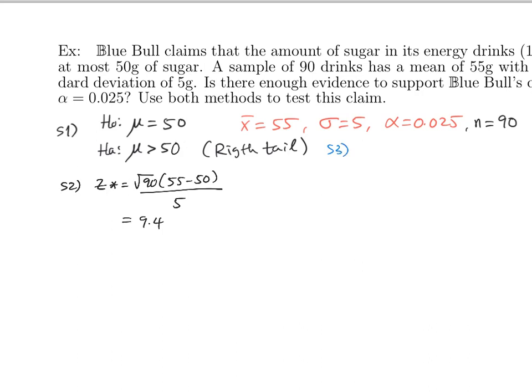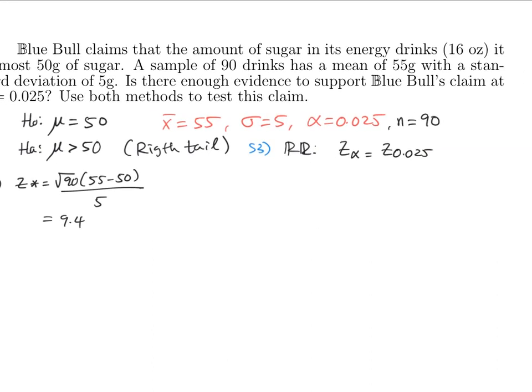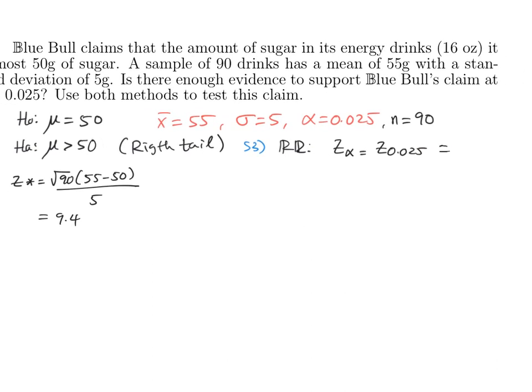Then what do we do in step 3? Remember, step 3, you had to find the rejection region, right? Since this is greater, the rejection region is going to be on the right side, and it's going to be positive. So then this will be Z of alpha, which in this case is 0.025. And how much is that? We've seen this like 1,000 times right now.